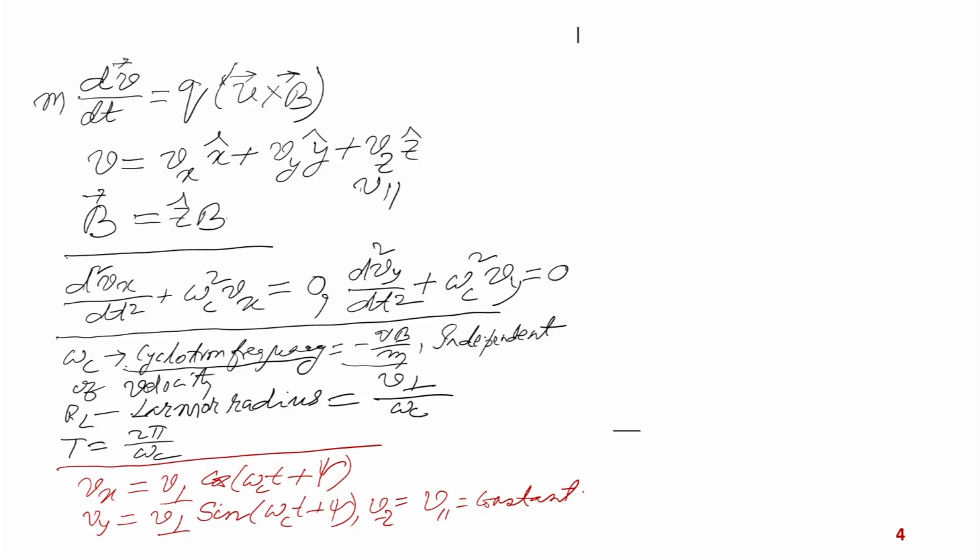RL is the Larmor radius, given by the perpendicular component of the velocity divided by the cyclotron frequency.